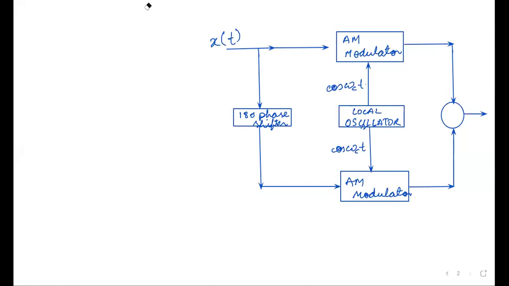Okay, so you can get it here x(t) as the signal which is going to the first modulator. You can take this as AM modulator 1, and this is AM modulator 2.